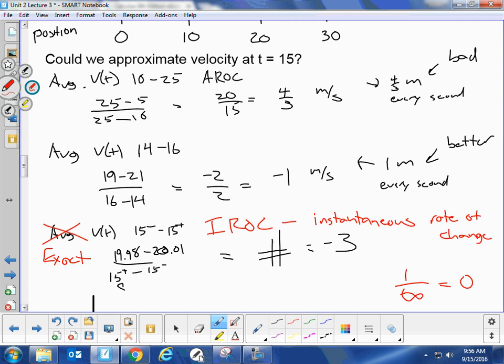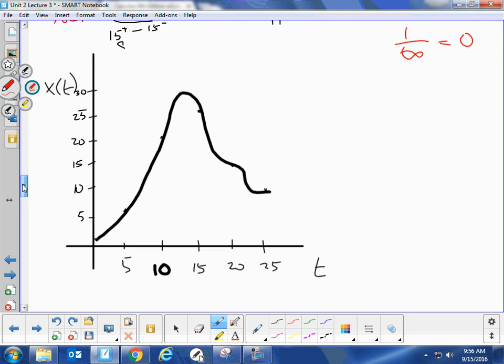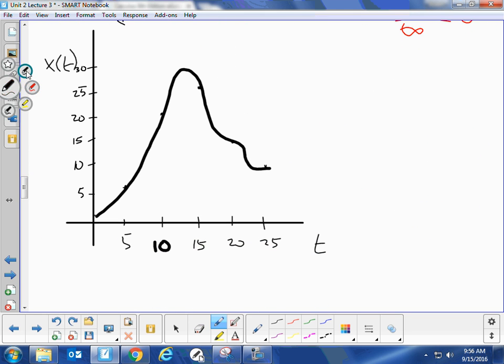Now, what would this instantaneous rate of change look like, say, on a graph? Yeah, we will see that. So let's say we're looking at this spot 15 right here.